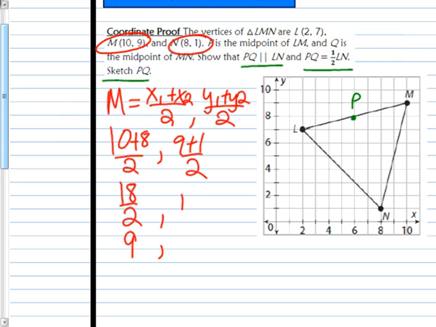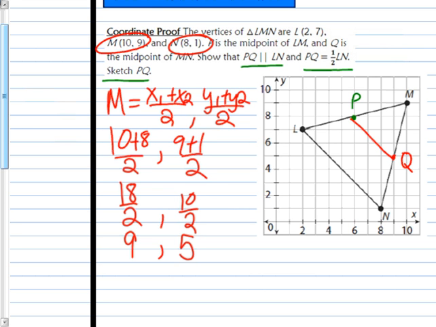And 9 plus 1 is 10 divided by 2, which is 5. So 9, 5 is my midpoint of MN. So I have my two midpoints, and now I can draw my midsegment.